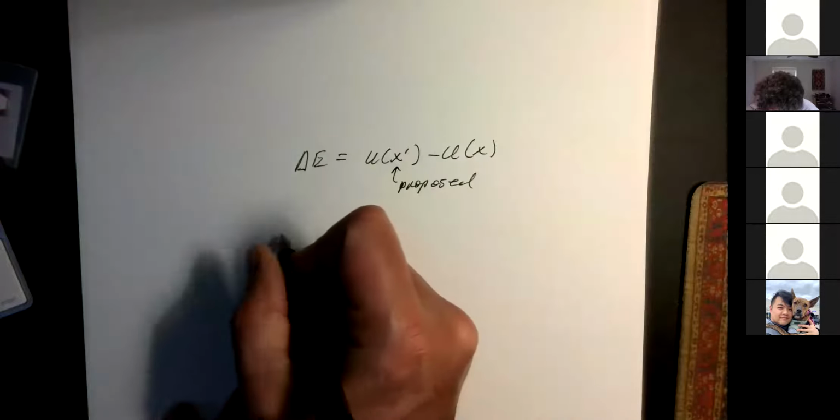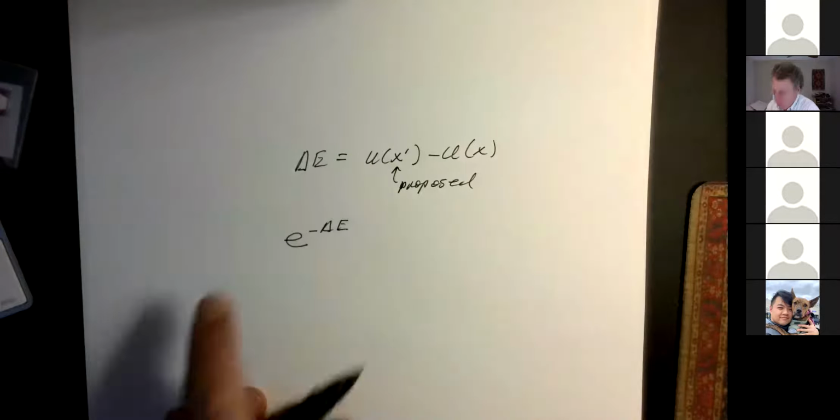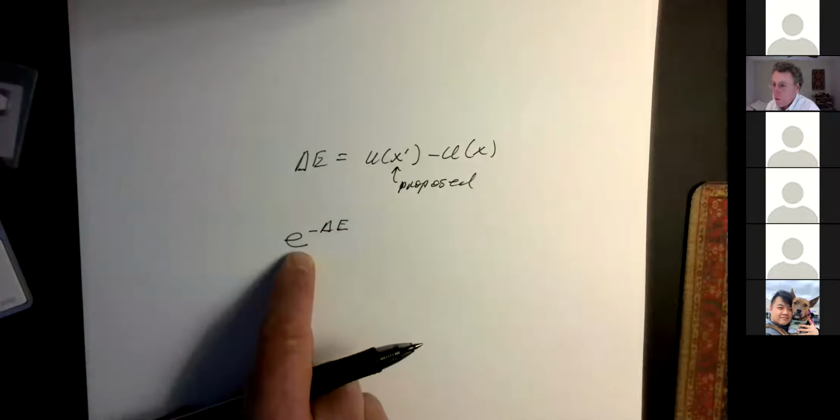If you take e to the minus delta E, if delta E is positive, this thing is going to be less than 1. If delta E is negative, it's going to be greater than 1.